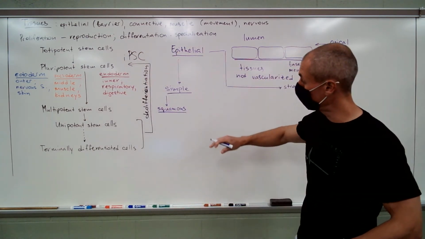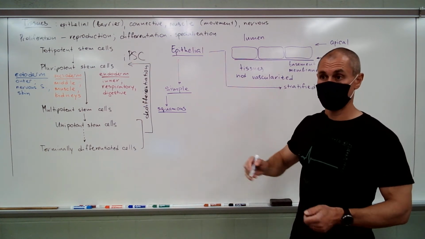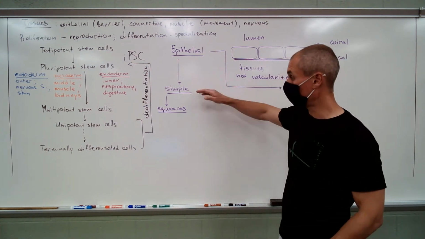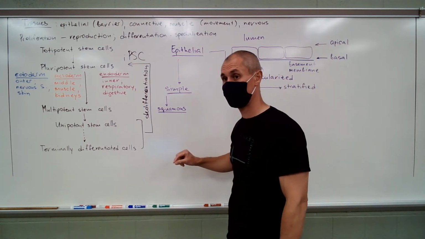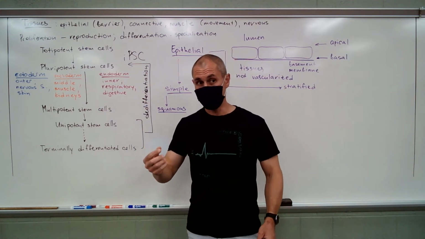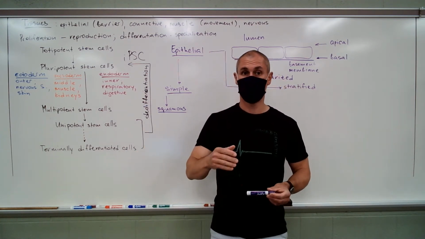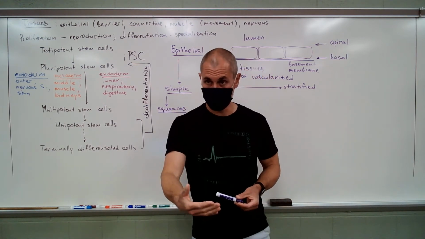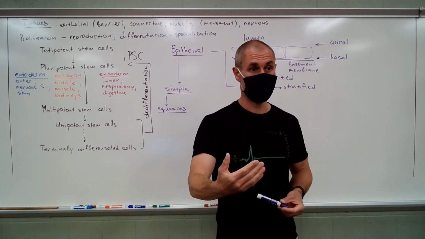Okay, now look, you've got simple squamous epithelium. So you have, check this out, one layer of very flat cells. One layer of very thin flat cells definitely does not make for a good barrier. So it probably won't prevent the transport.